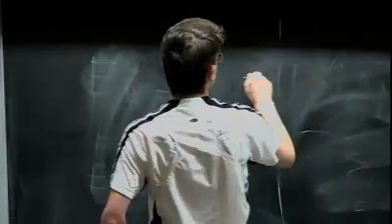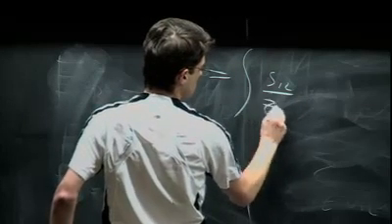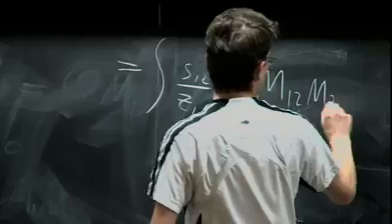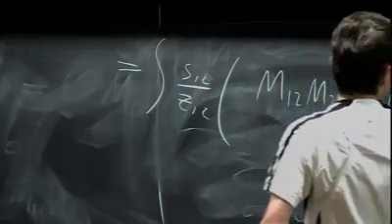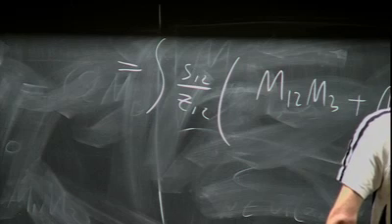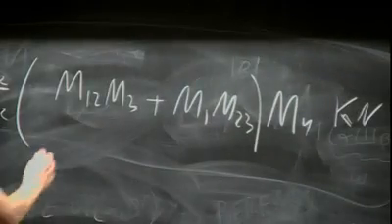So you will get S12, well, the integral over Z12, and now this guy, well, I'm just going to use that one, and I will get M12, M3 plus M1, M23, everything multiplying M4 and the Koba-Nielsen factor. So someone's clock already told me that it's 5 p.m. so I need to rush.